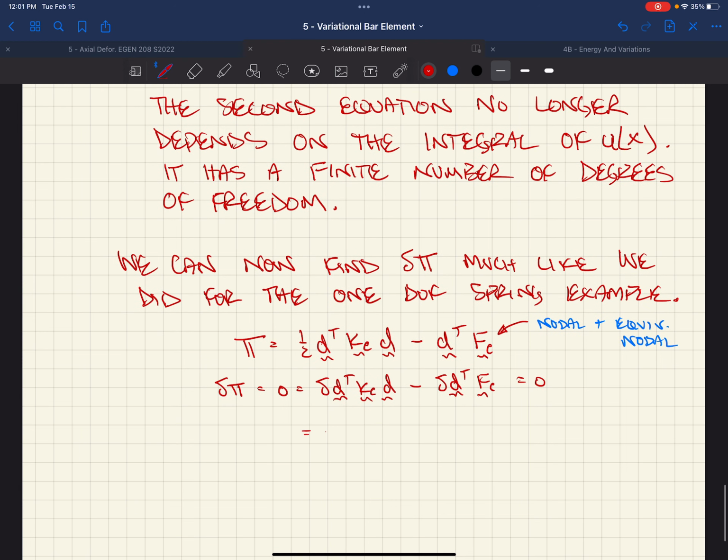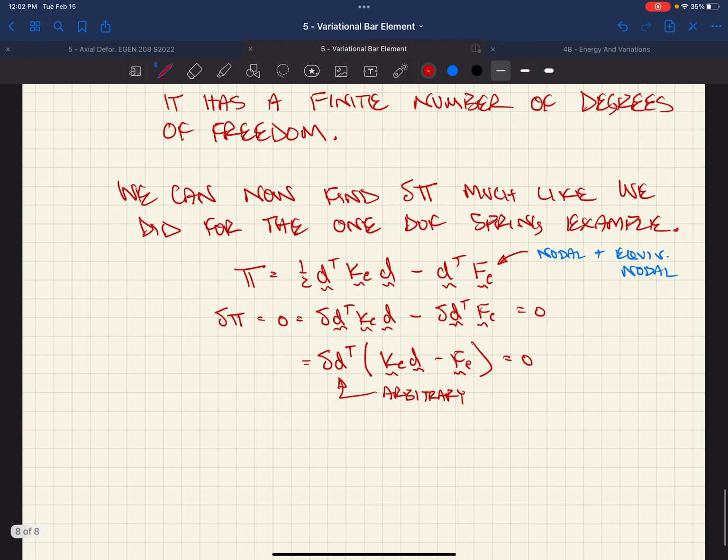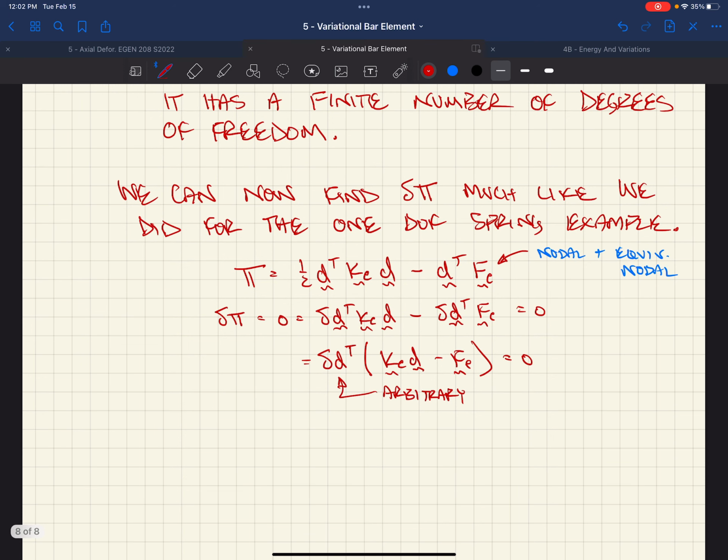Again, we can pull out our delta d transpose, our small arbitrary amount of displacement. When that equals 0, then our system is in equilibrium. What does that mean? Well, if it's arbitrary, we pull that out. That means that what's in the parentheses needs to equal 0.